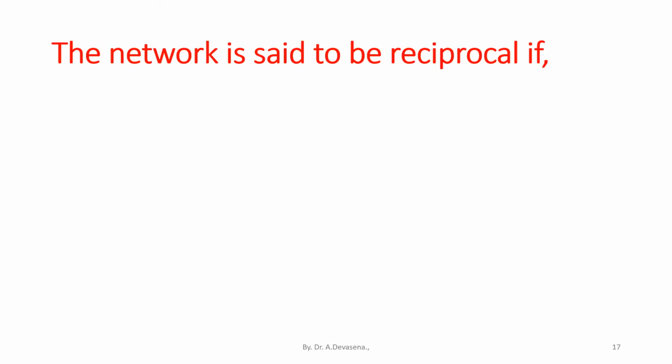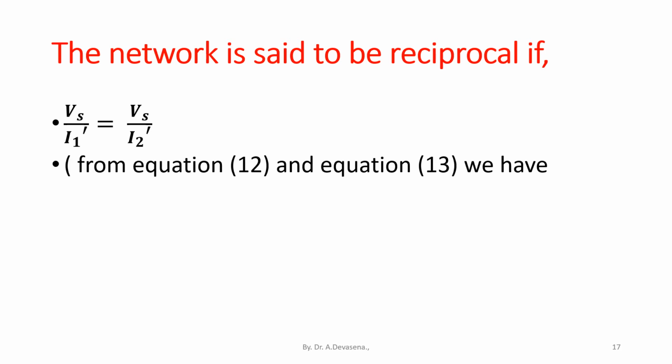A network is said to be reciprocal if Vs divided by I1 dash is equal to Vs divided by I2 dash. This is the equation for the condition of reciprocity. From equation 12 and equation 13 we obtain the values of Vs divided by I1 dash and Vs divided by I2 dash. We substitute these values into the above equation.